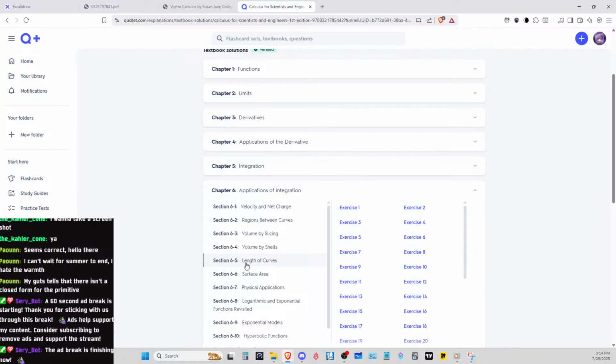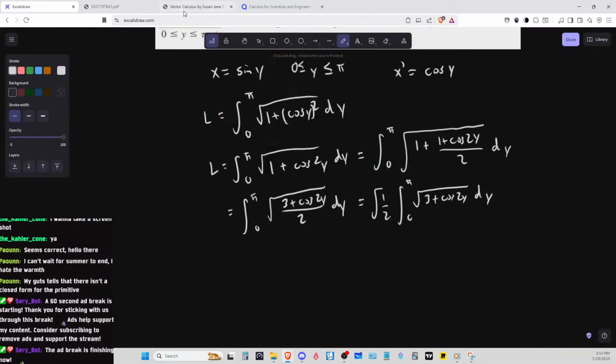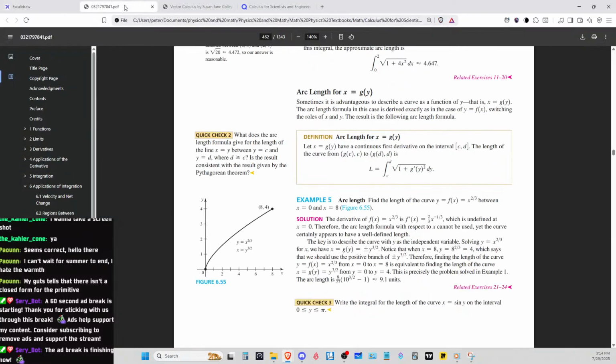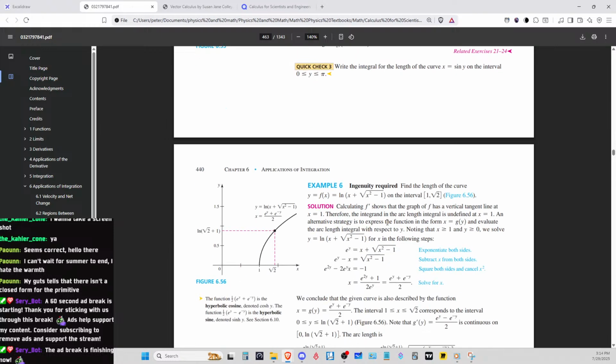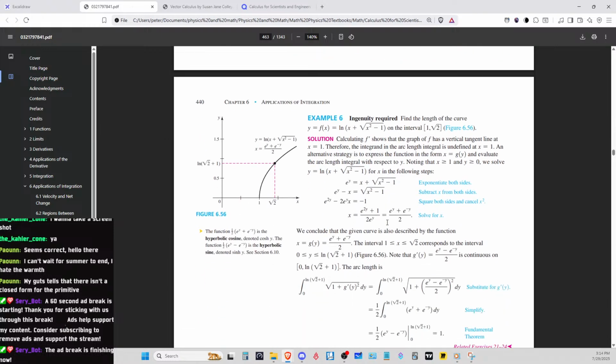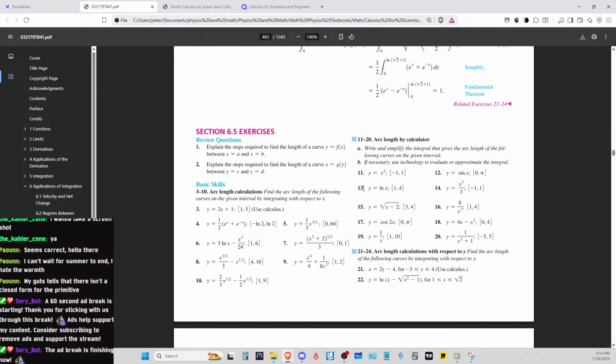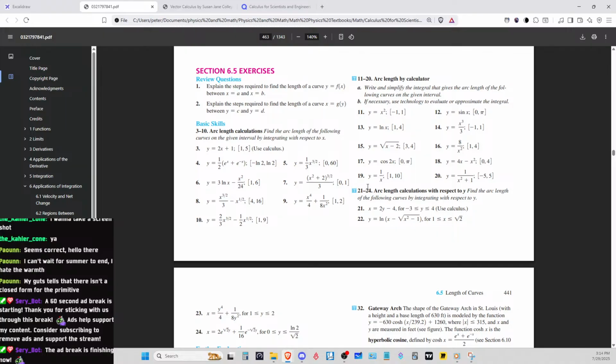No, they only have the exercises. I guess we'll just move on to doing these problems.